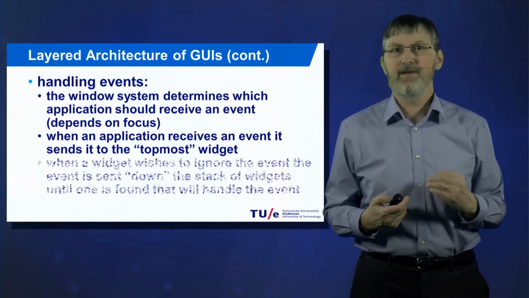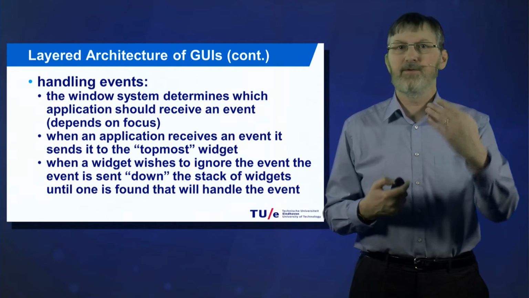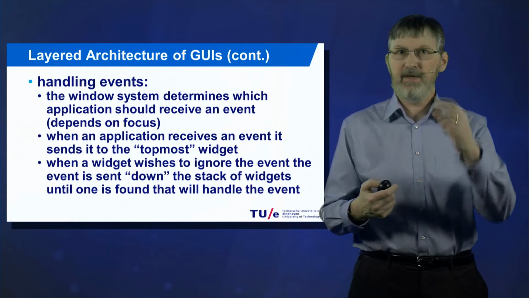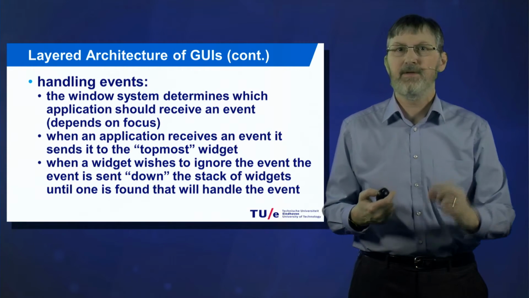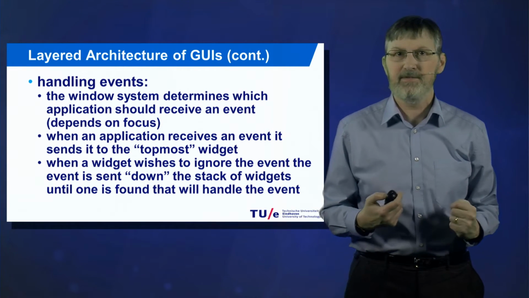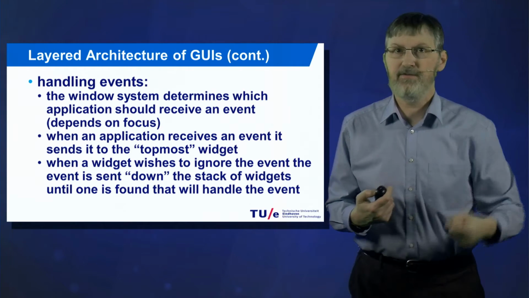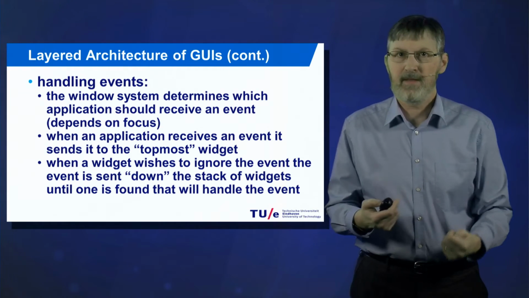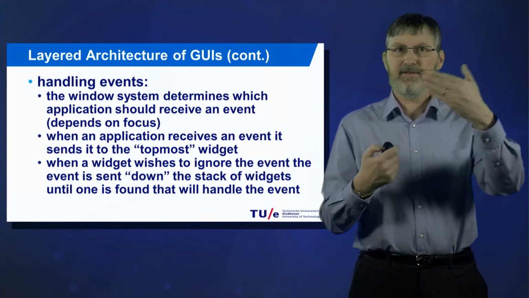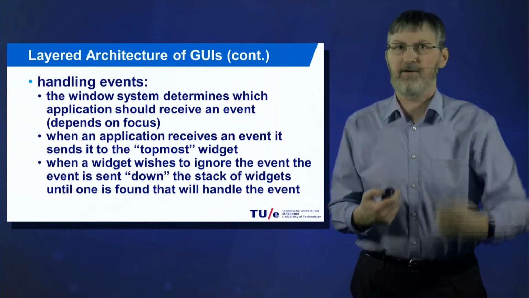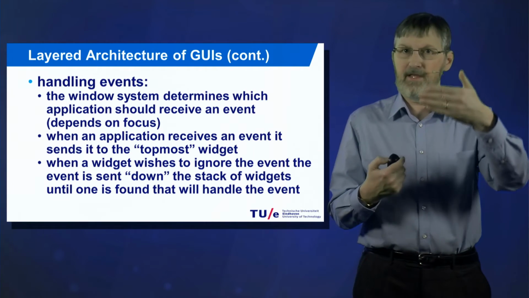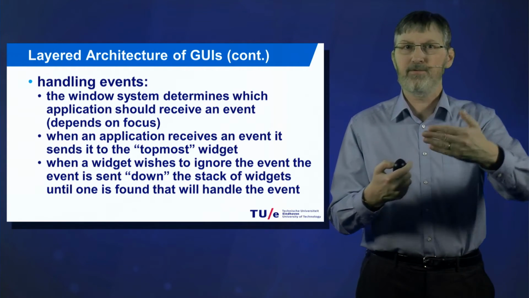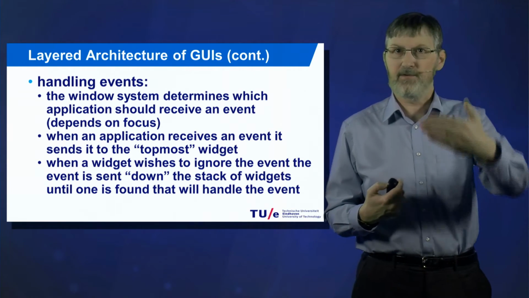Now, that widget may decide to ignore the event. For instance, when we see a menu, it may have items that are grayed out. The grayed out menu items receive the event of a user clicking on them, but they ignore it. What then happens is that the event is sent down this stack of widgets. And so when a menu item ignores the event, it is sent to the menu itself, which lies underneath.